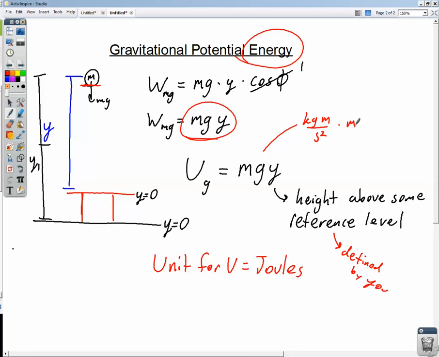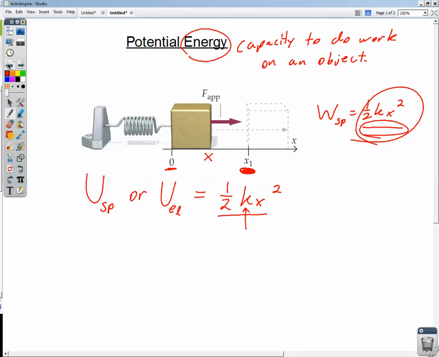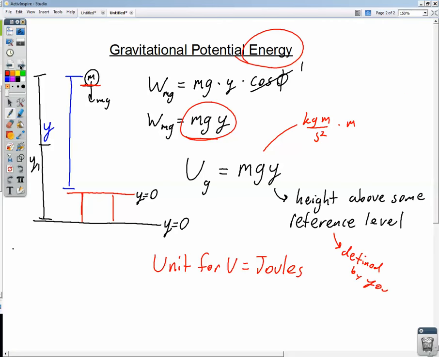So we got kilograms meters squared over seconds squared. Hey, that's a joule. Going back to our spring potential energy, remember that the units for k were newtons per meter, and we're multiplying that by meters squared. So we get newtons times meters, which again is kilograms meters squared over seconds squared, also the joule. All right, so that is our unit for potential energy, for kinetic energy, and for the work done.